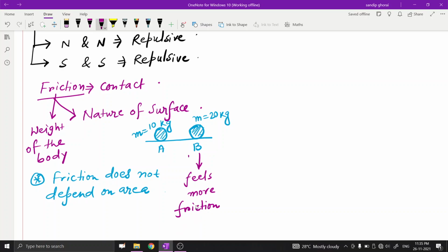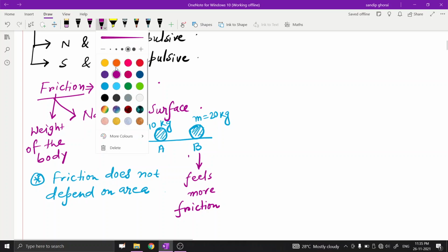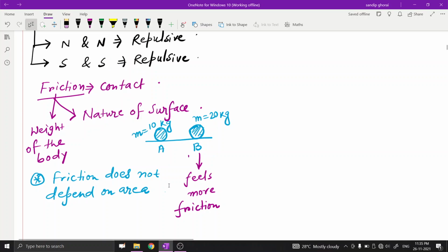Okay, now we move to our next point, that is types of friction.